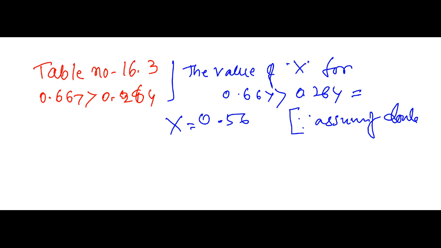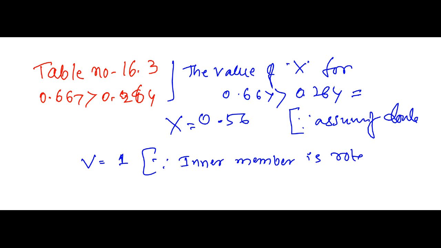Table number 16.5. What does it say? Okay, now this is about whether the inner member is rotating or stationary. So V equal to what? 1, because the inner member is rotating. Right?